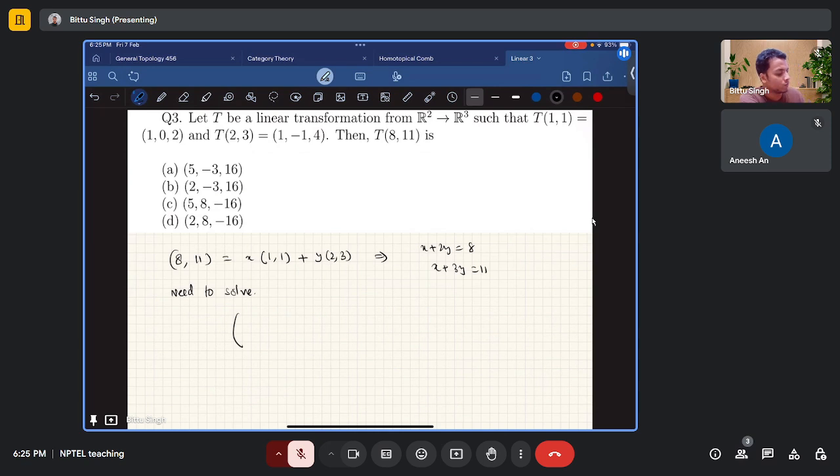So it is equivalent to solving this kind of system: 1, 2, 8 and 1, 3, 11. So we can say A times some x equal to b. This is b, and this is the matrix A. We have again written the augmented matrix.